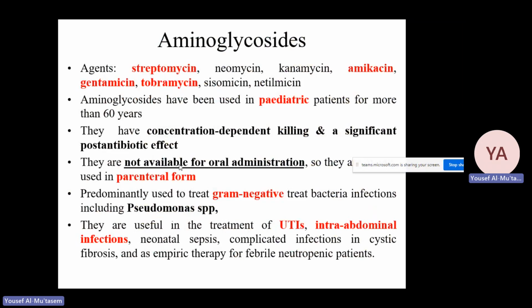Neomycin is usually seen in topical preparations, the ointments and creams, and also in ocular preparations. Sometimes neomycin can be used orally, like vancomycin, and it is not absorbed to a significant extent.